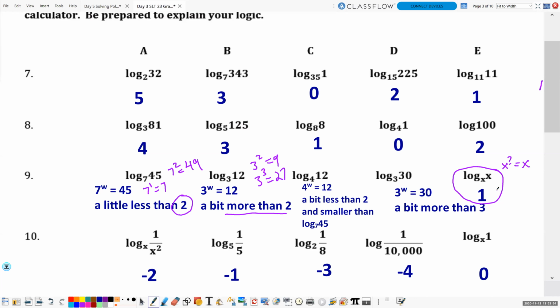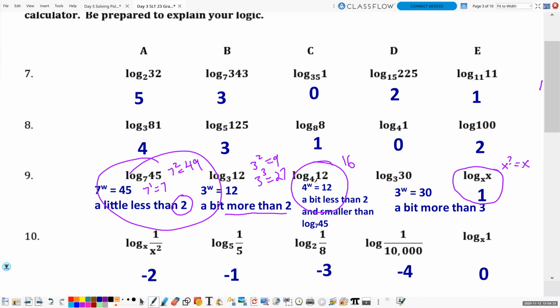Obviously 1 is the smallest. And then the problem comes in these 2, because they're both a little less than 2. So then proportionally, even though they're both 4 away, 45 is 4 from 49 and 12 is 4 away from 16, proportionally, log base 7 of 45 is closer to 2 than log base 4 of 12.